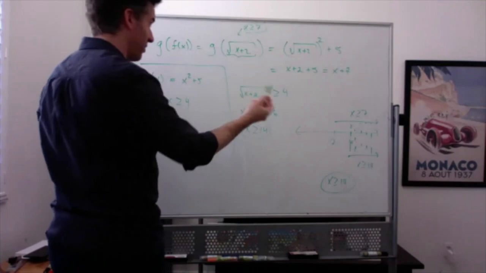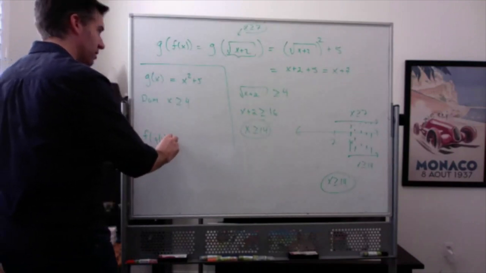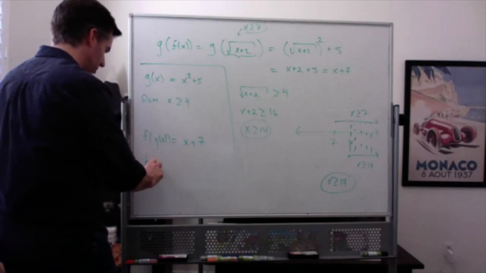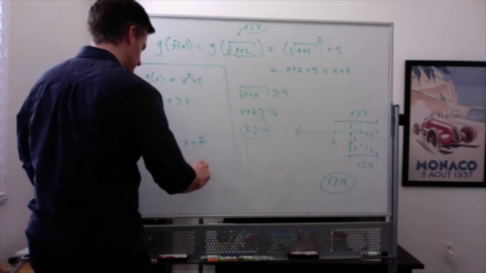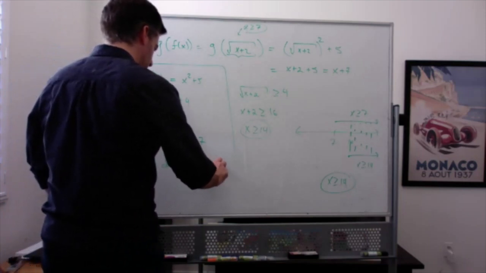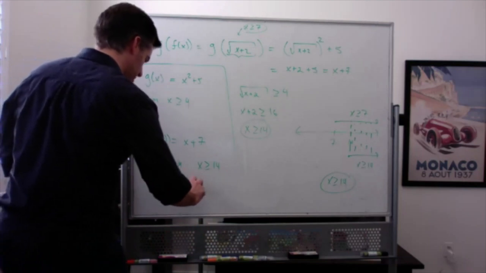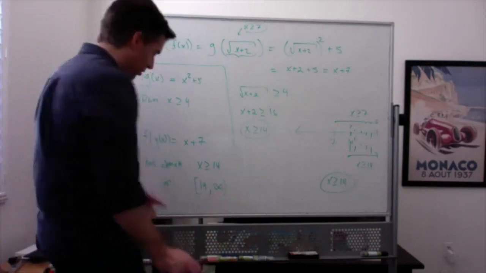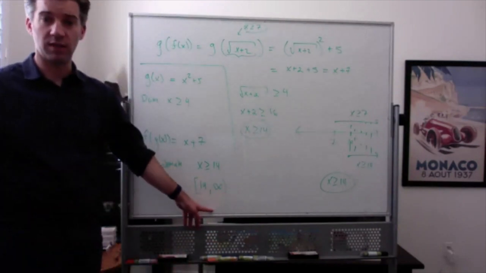So the domain for this composition, equal to x plus 7, is x bigger than or equal to 14, which we would preferably write as 14 comma infinity, with a bracket on the 14 to include the 14 and a parenthesis always on the infinities.